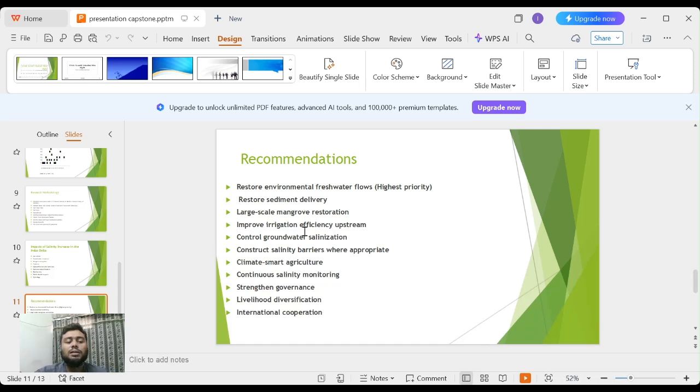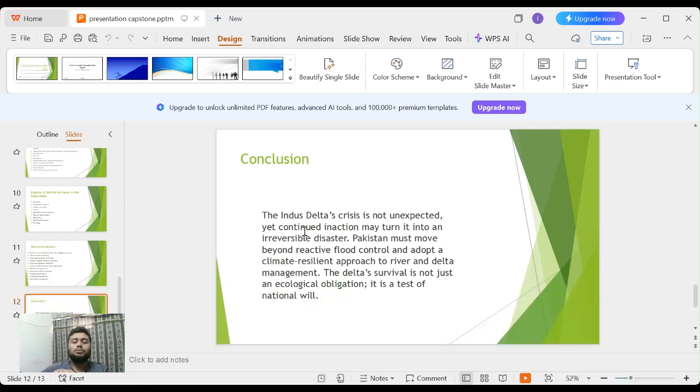So we have to strengthen data sharing, expand climate adaptation research, and seek support from international climate and conservation organizations like FAO and other organizations, encouraging collaborative research on delta restoration. So we have to collaborate with India and also with China and other major countries. So this is the recommendation.